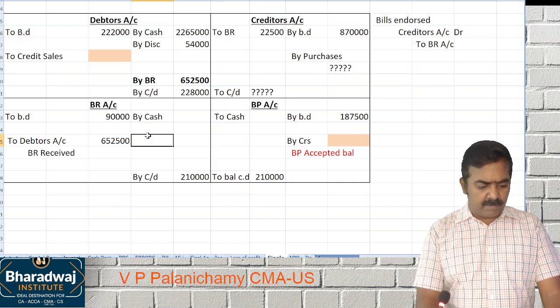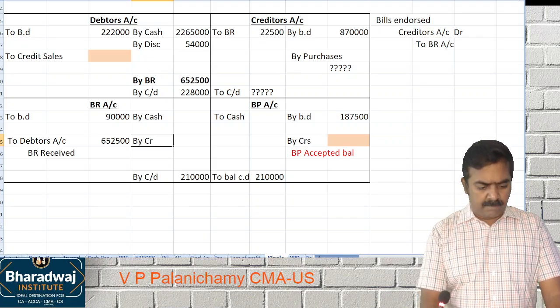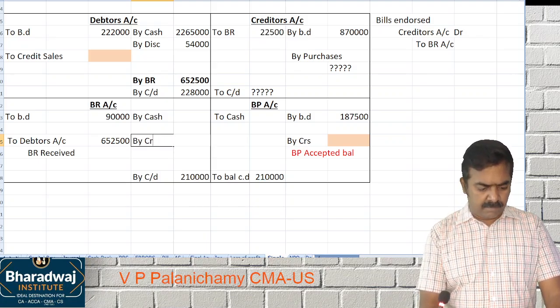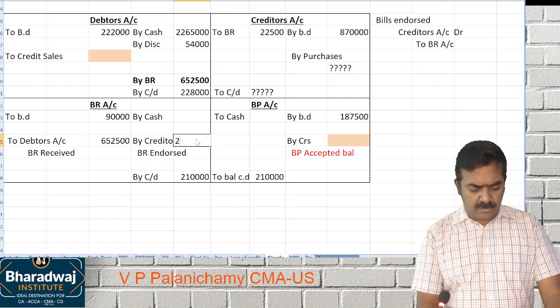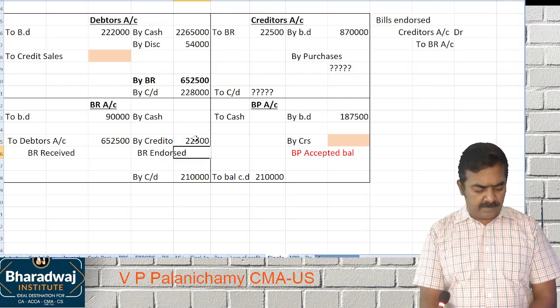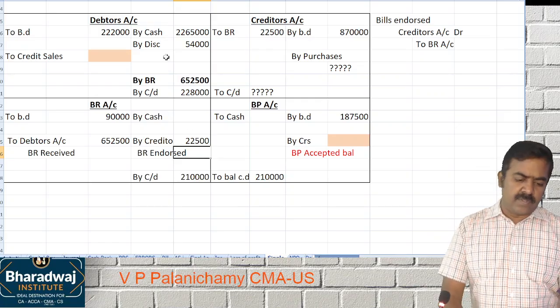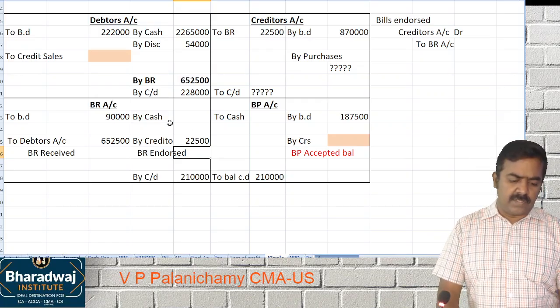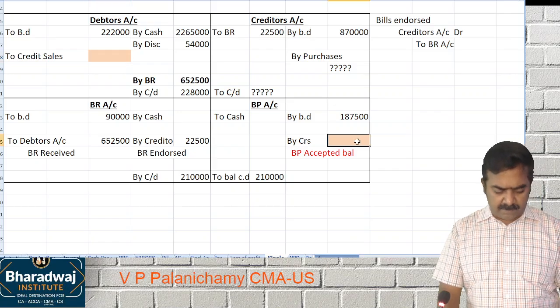It will come as by creditors. How much bills are endorsed? 22,500. That's it. Tally. This we will get as a balancing.